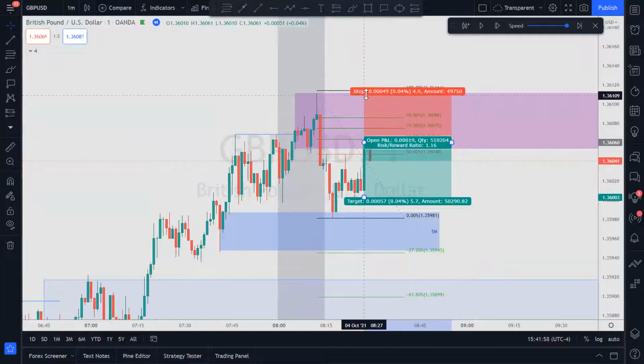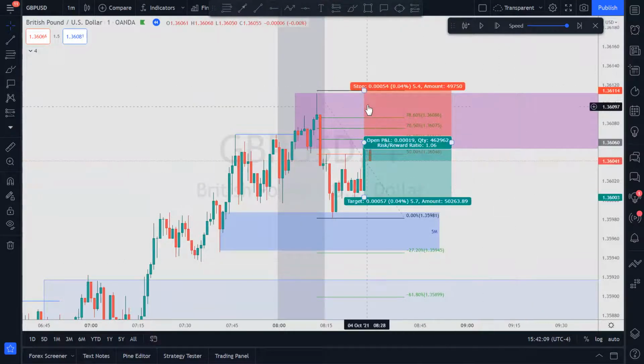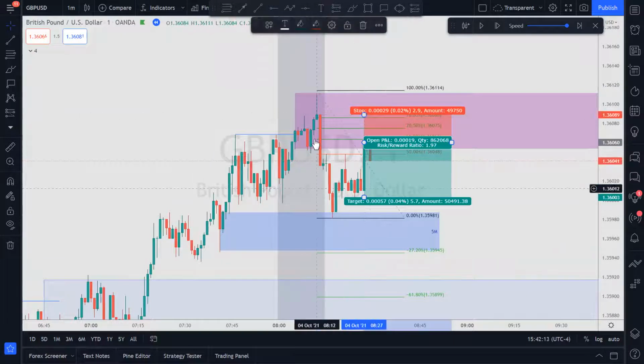And where would you have put your stop loss? The proper place to put your stop loss is above the order block in which you entered. That will give you a 5.4 pip stop loss. Me, I'm a little aggressive. I go up to the halfway mark, a little bit above the halfway mark of the length of the order block. All right. I don't like it when it's past 5 pips.